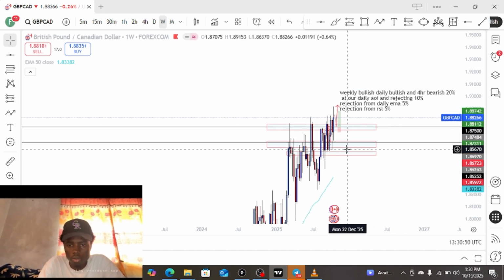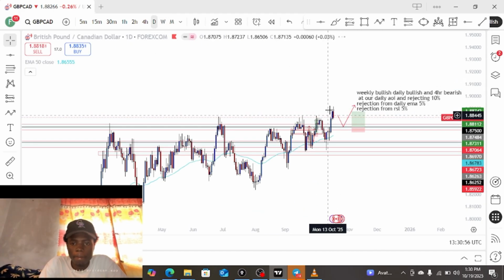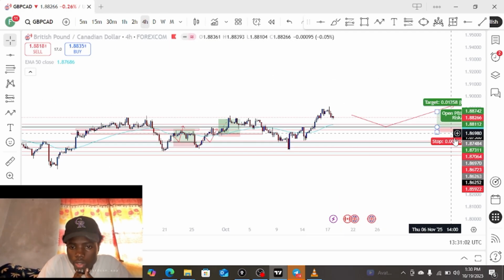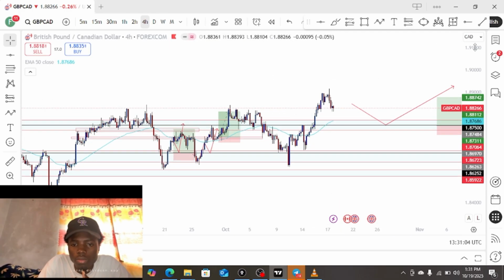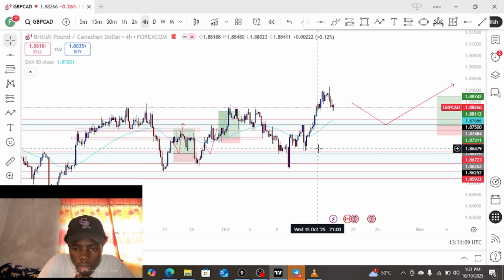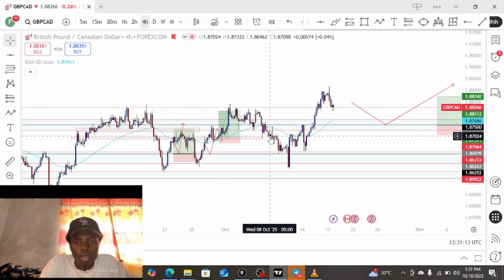Higher high, higher low. So the weekly is bullish. Daily is also bullish, you can see it with your eyes. The 4 hour is also bullish. Higher high, higher low.